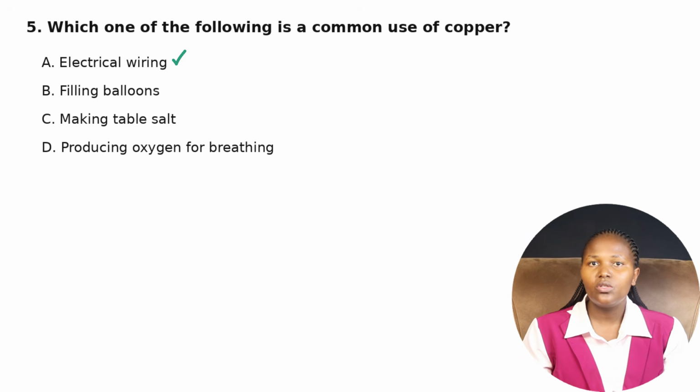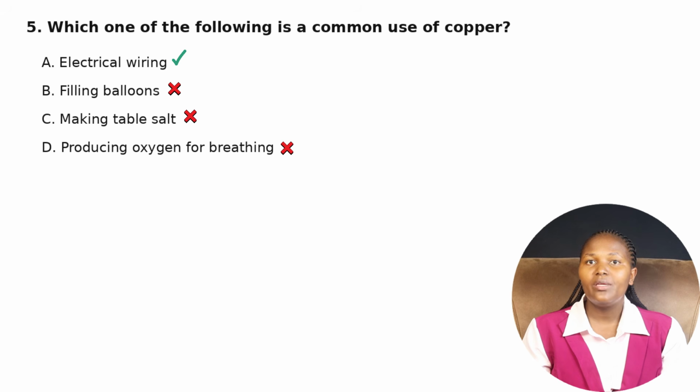Electrical wiring, because copper is widely used in electrical wires because it conducts electricity well and it can be drawn into wires. The other options do not describe a common use of copper, because different elements have different uses based on their properties.